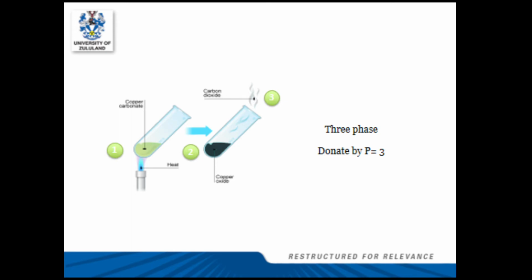So in this case, if we have to calculate the number of phases, it will be equal to 3, which means we talk about copper carbonate, copper oxide, and carbon dioxide. When we add them, we see that the number of phases in this case is equal to 3.